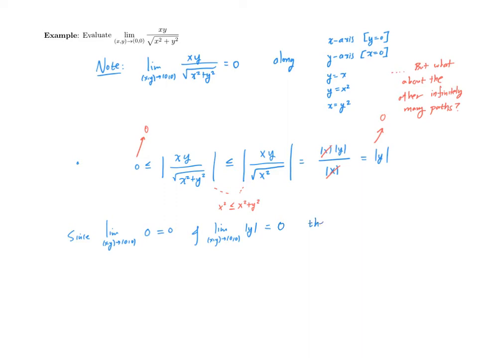By the squeeze theorem, since these limits are 0, the limit of interest, or almost the limit of interest, this absolute value that's stuck in between, is equal to 0.